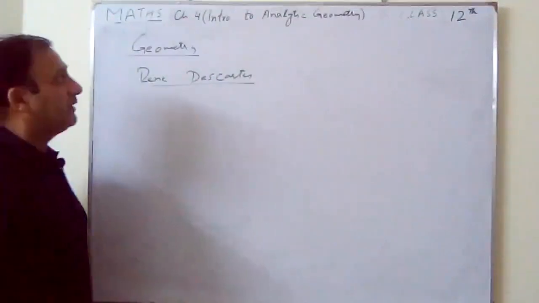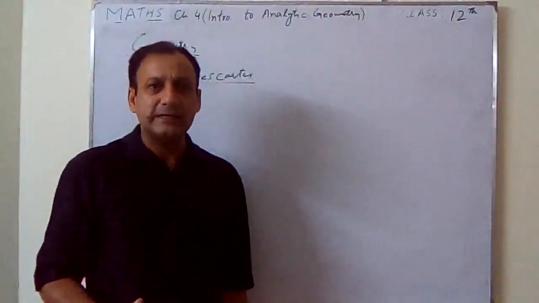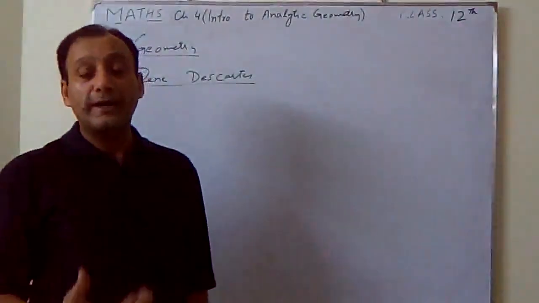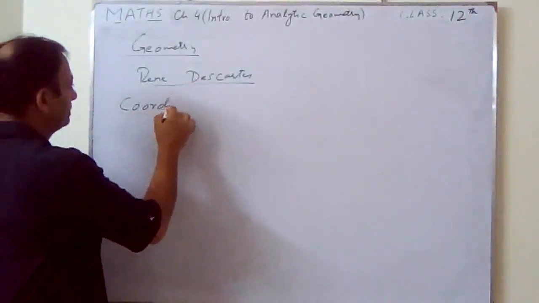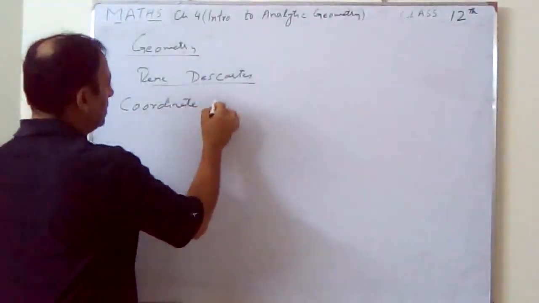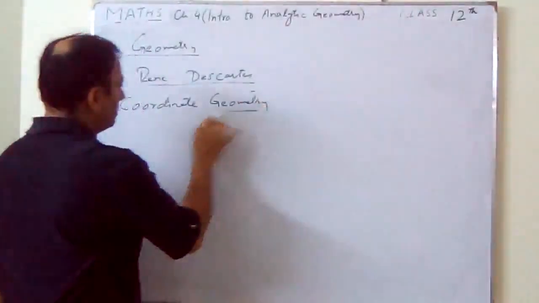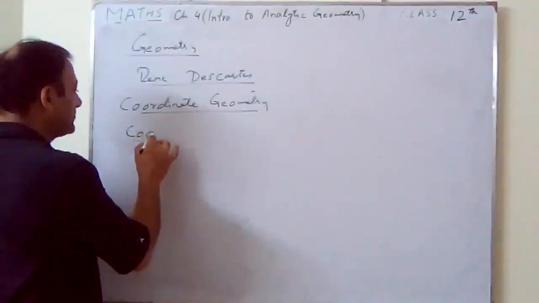But in this chapter, we'll study very fundamental things, very basic things. And this analytic geometry is also known as coordinate geometry. As you know, what is a coordinate system?